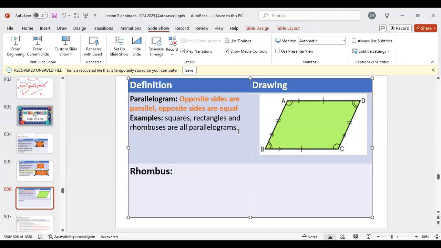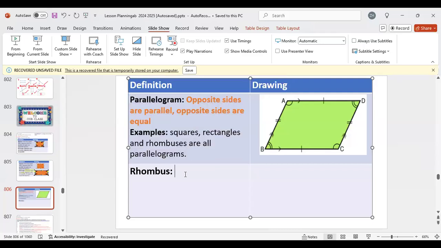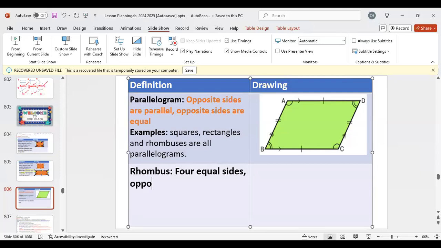Now, what do we know about the rhombus? Rhombuses are very similar to a square. Rhombuses have 4 equal sides, and opposite sides are parallel.